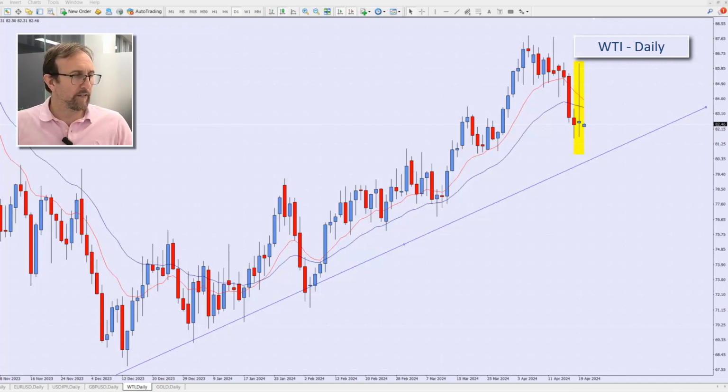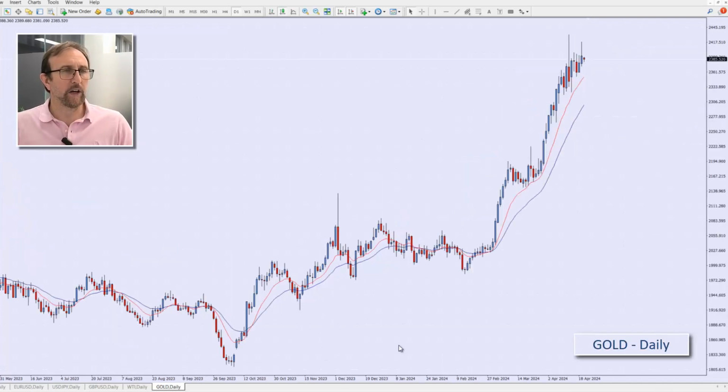All right, final one for the week. Let's have a look at gold. Geez, gold keeps on soaring. It hasn't given us any pullbacks between 2140 and 2380. It has not given us any sort of pullback to give us an opportunity to buy into this particular market.